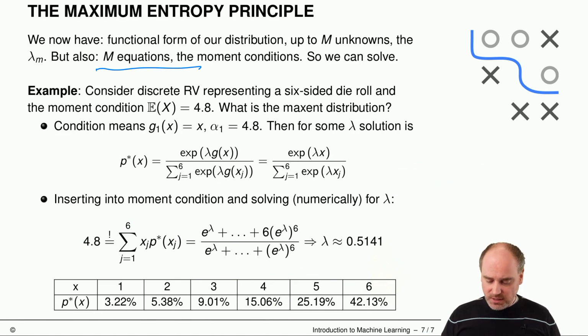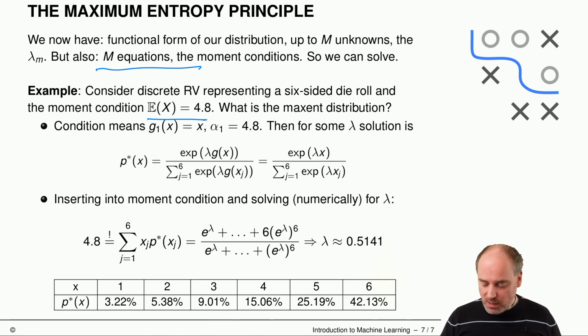And here's a very simple example with just one moment condition. Let's consider a discrete random variable which represents a 6-sided die. And we have a moment condition, so it's not necessarily a fair die. The moment condition is that the expectation of that random variable, so the expected number of points we get when we roll that die, is 4.8.